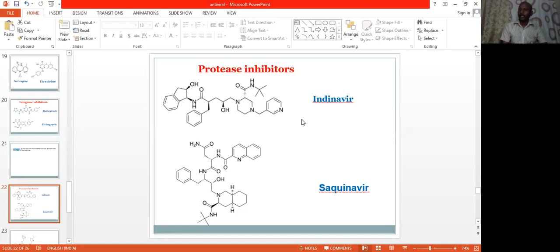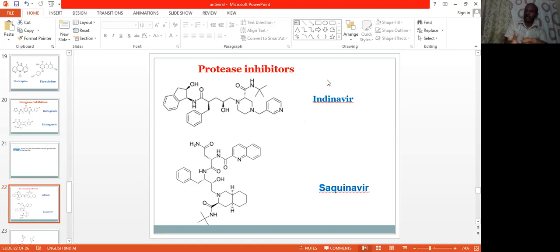So first entry, then once the entry is over, uncoating, and once uncoating is over, DNA synthesis. Once the DNA is synthesized, it will be integrated into the host DNA, and then the virus requires its capsid, its lipid layer, and its enzymes, reverse transcriptase and integrase.